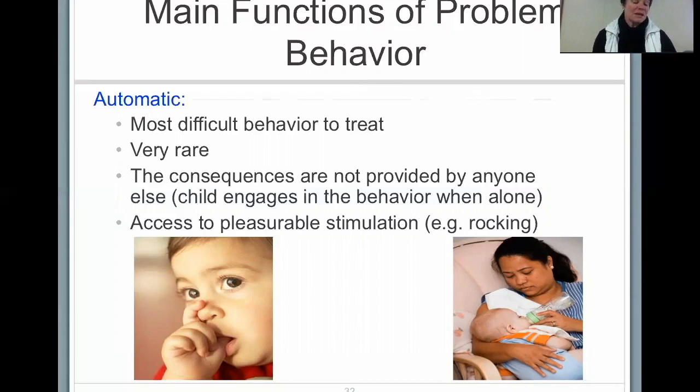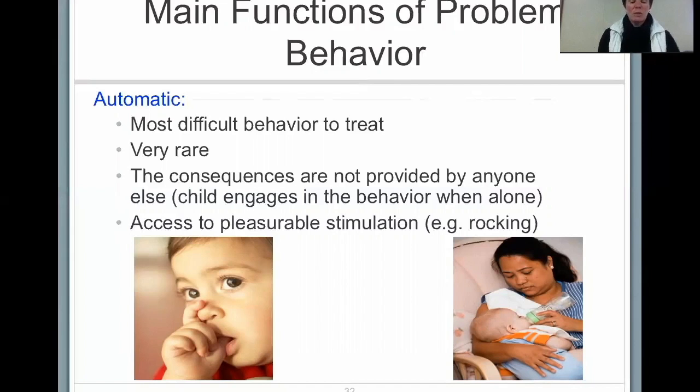Familiar examples of these kinds of behaviors include biting our fingernails, scratching an itch, or smoking. These are behaviors we engage in because we like the internal stimulation or the good feeling that it provides us. We may see these as behaviors in the kid population as rocking, hand flapping, or even humming.